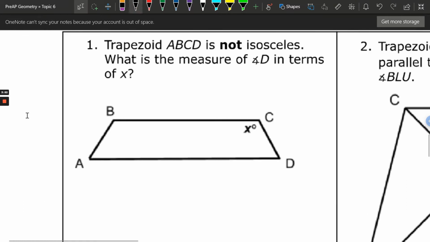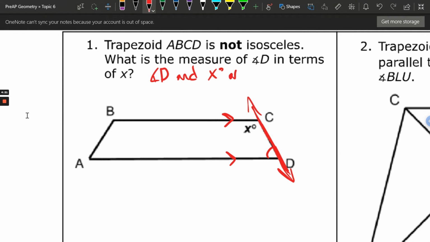Okay, example 1 says trapezoid ABCD is not isosceles, which means that we don't have congruent legs, but we do have parallel sides. What is the measure of angle D in terms of x? If we think about a trapezoid as kind of two parallel lines on a transversal, we can see that angle D and x degrees are same side interior angles, which means that they are supplementary.